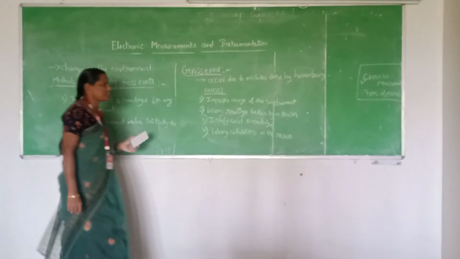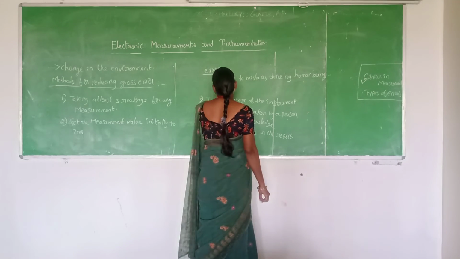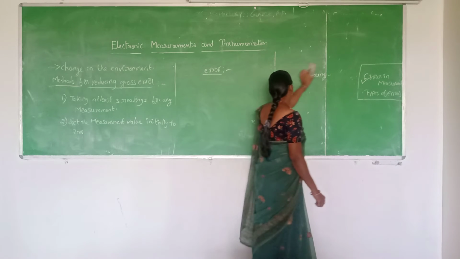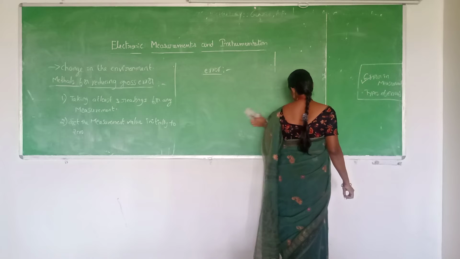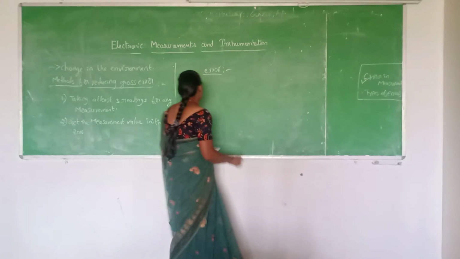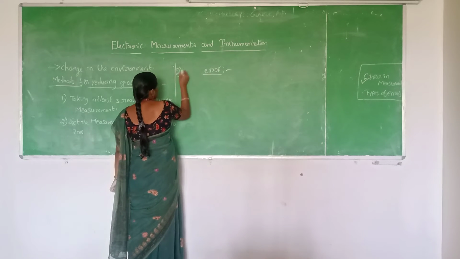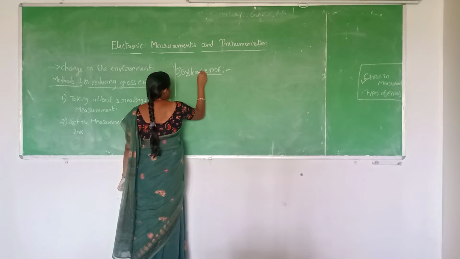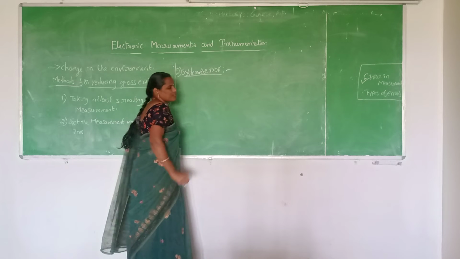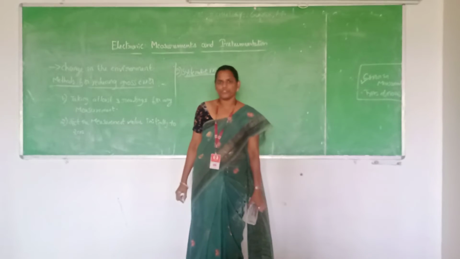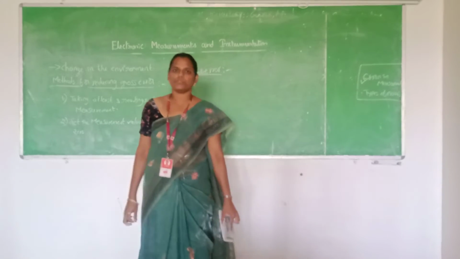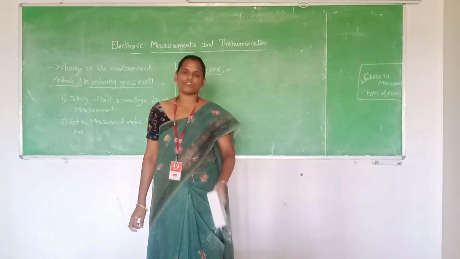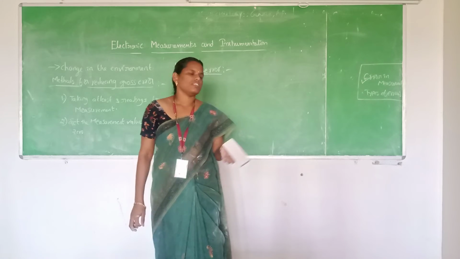Next one is the systematic error. These systematic errors may occur due to shortcomings of the instrument, which may be due to aging of the instrument, or due to defective parts of the instrument or worn out parts of the instrument.